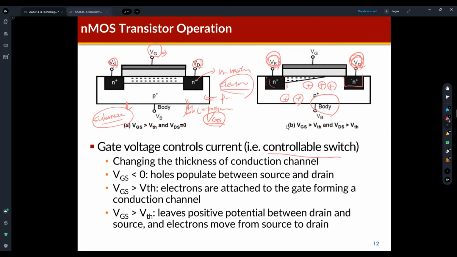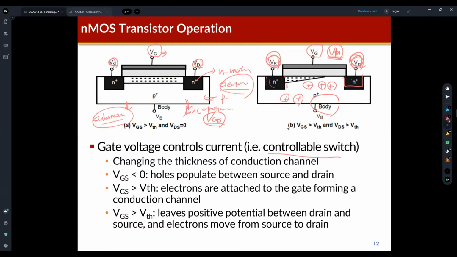So if the gate voltage level is less than the threshold voltage, then the channel is not generated. Let's start from the start point.